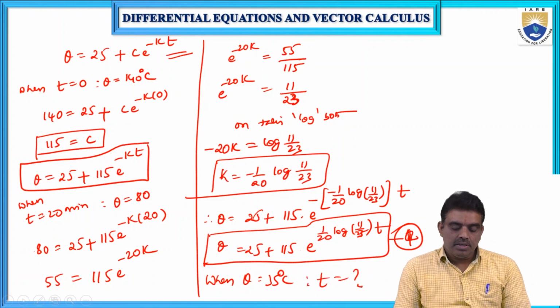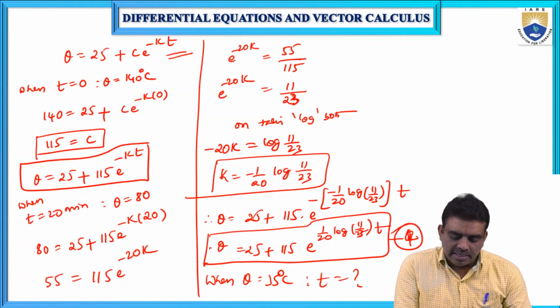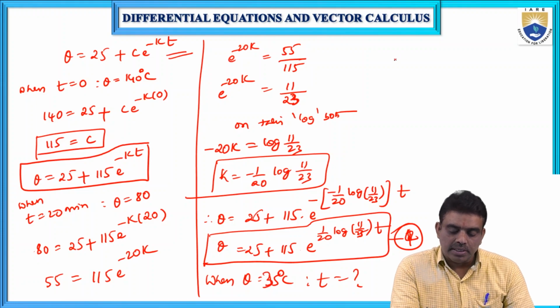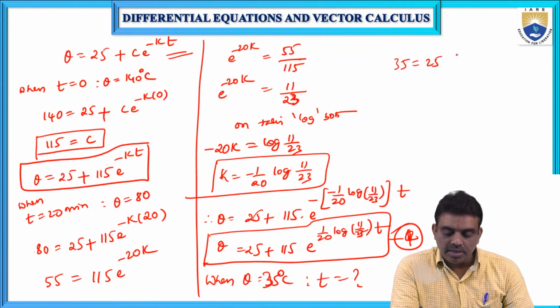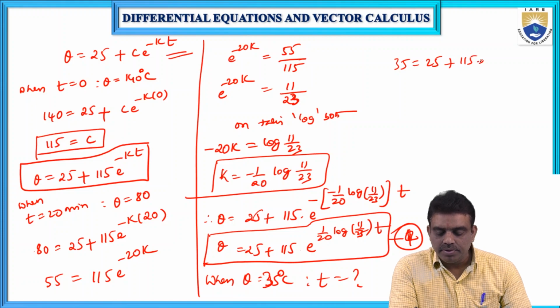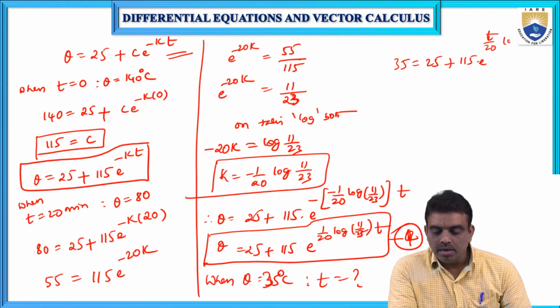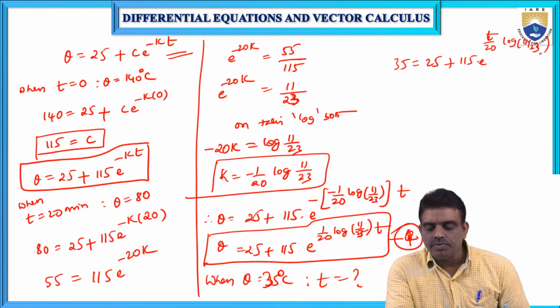That is our question. So just replace theta with 35. I'm substituting: 35 is equal to 25 plus 115 e power (t by 20) log 11 by 23.